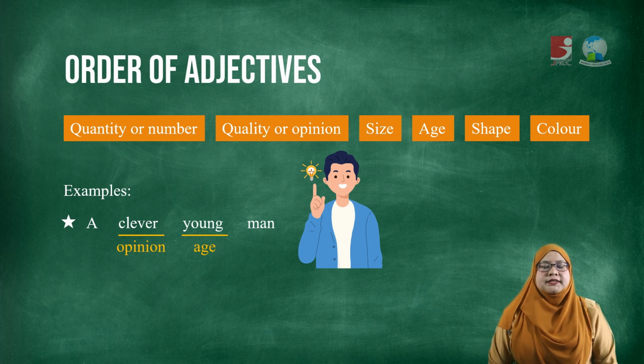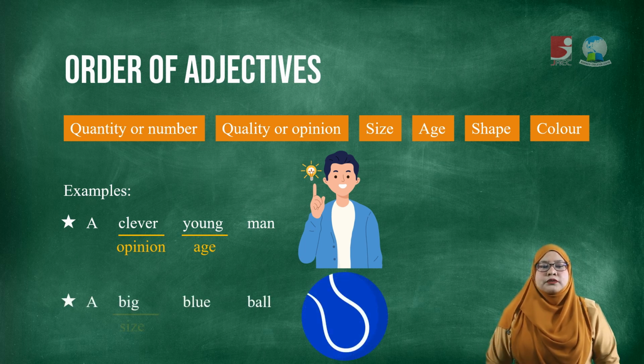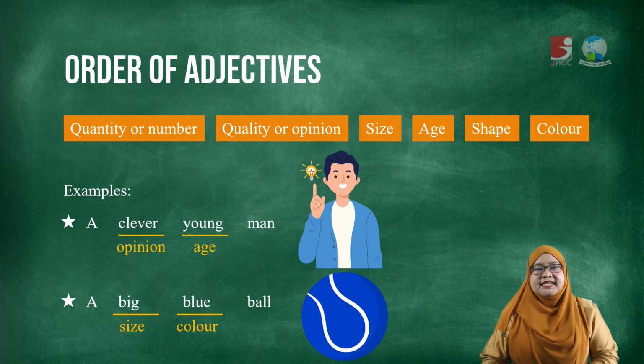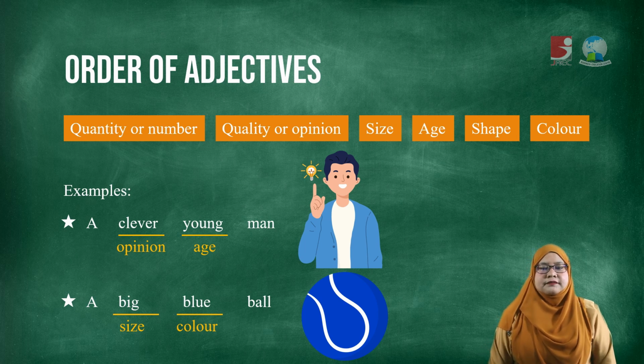Another example, a big blue ball. In this sentence, the adjective big is referring to the size. Meanwhile, blue is the color. The adjective big will be mentioned first, followed by blue.